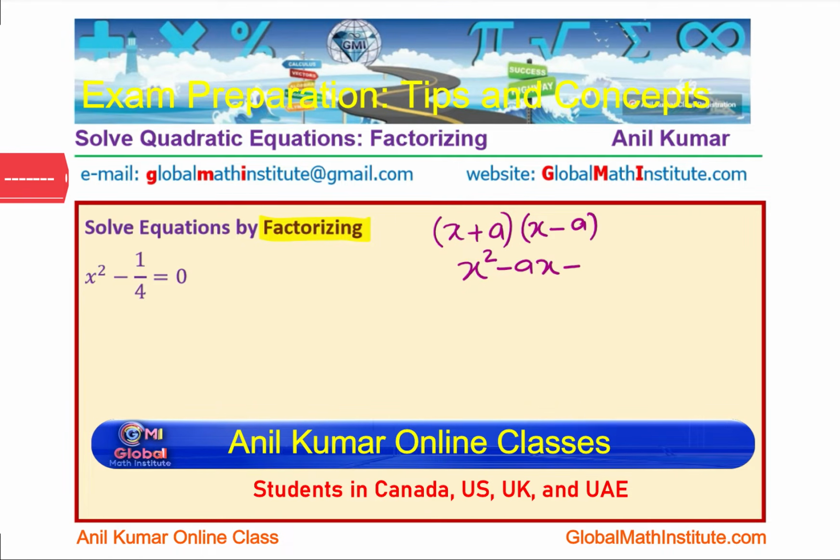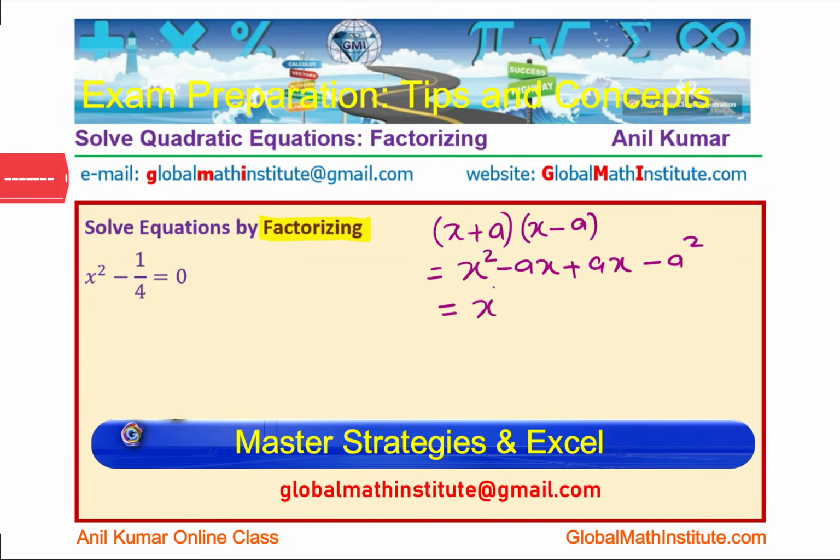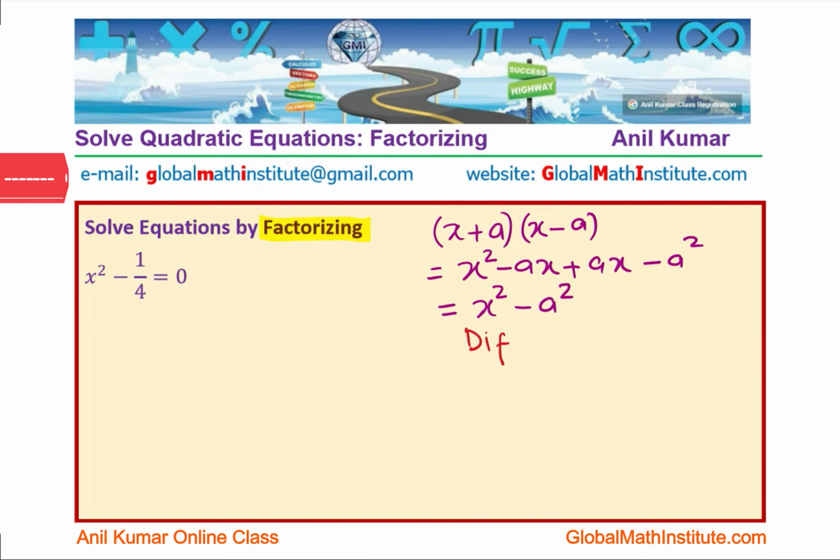And then we have plus ax minus a squared, and that leads to difference of squares. Do you see that? So this property is very well known as to factor difference of squares, we get product of sum and difference. Do you see that?